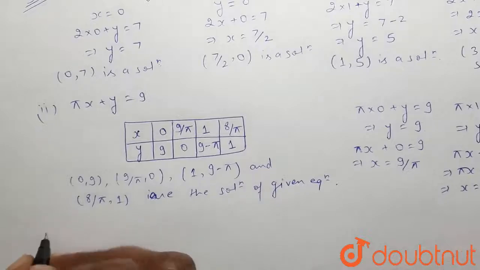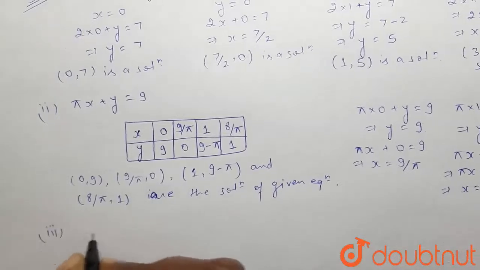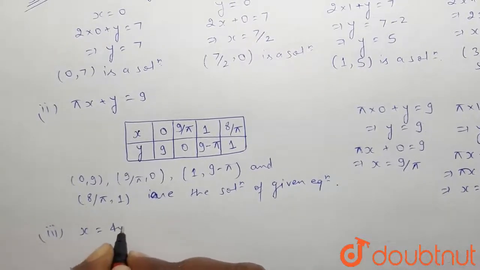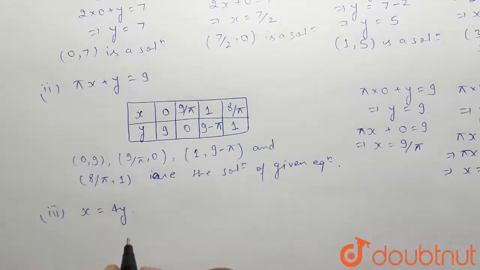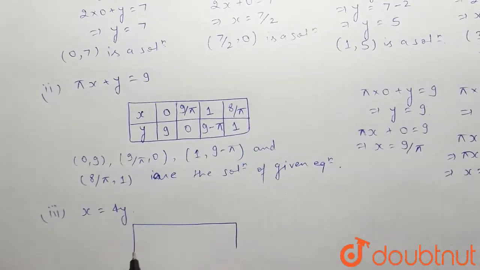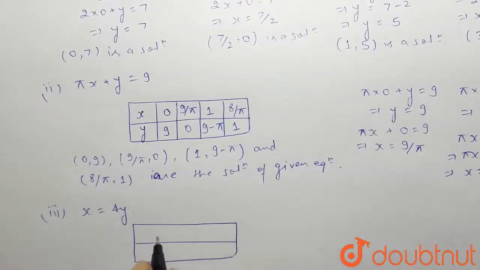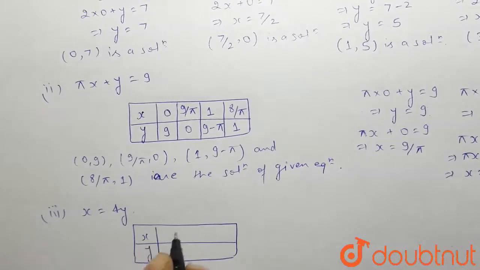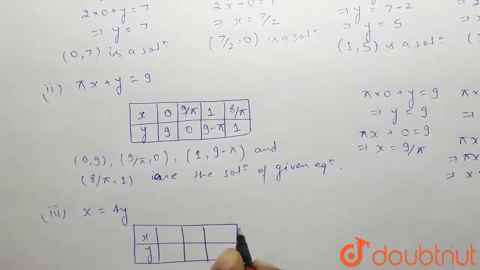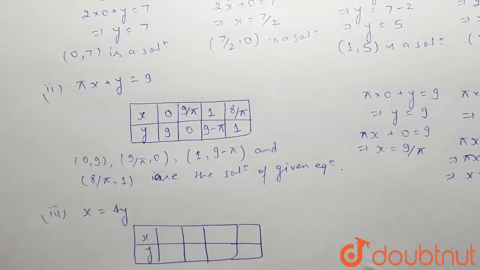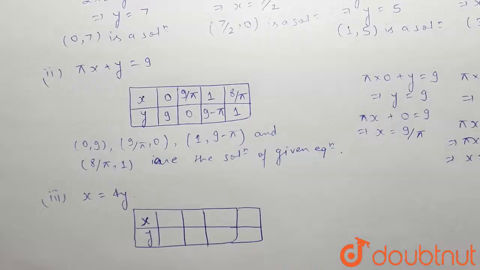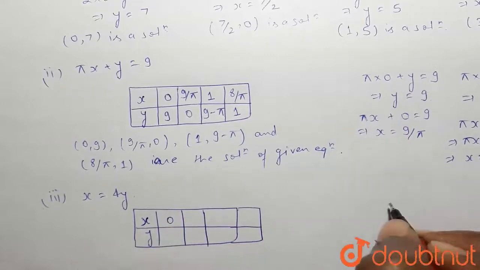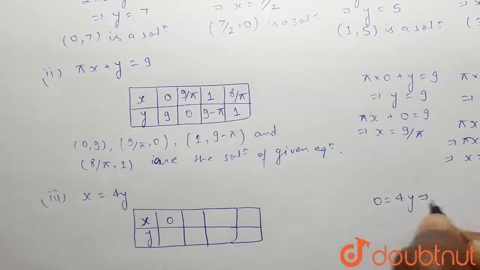Now in the third part, we have to find the solutions for x equals to 4y. So let's again make a box and divide it into 4 parts. Now let's first put the value of x as 0. So if x is 0, then the equation will be 0 equals to 4y, and this gives y equals to 0.